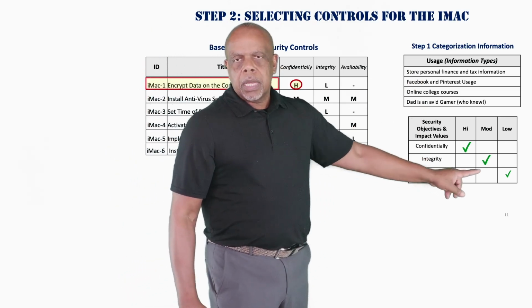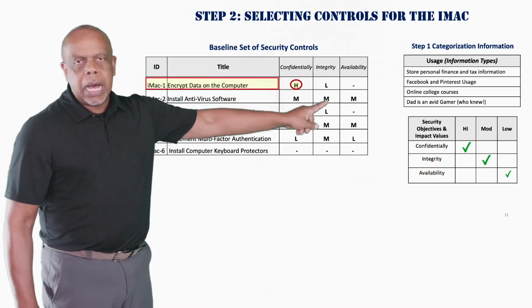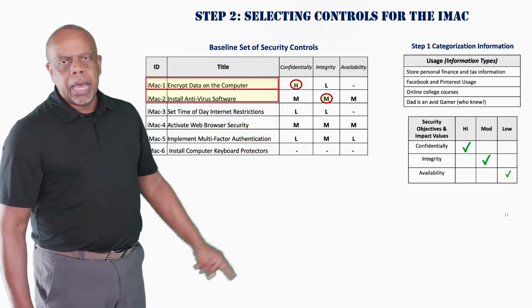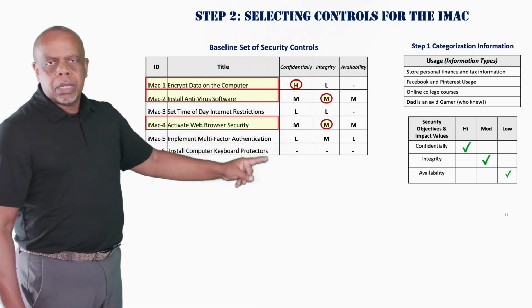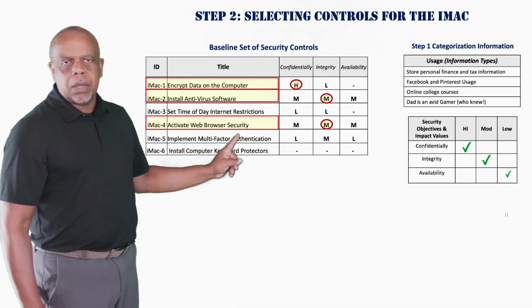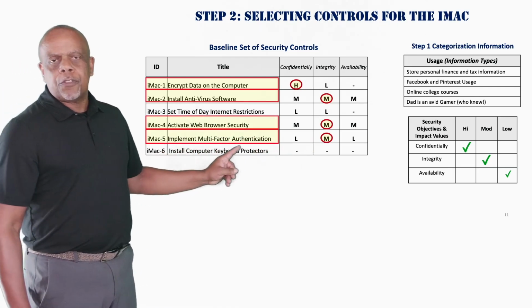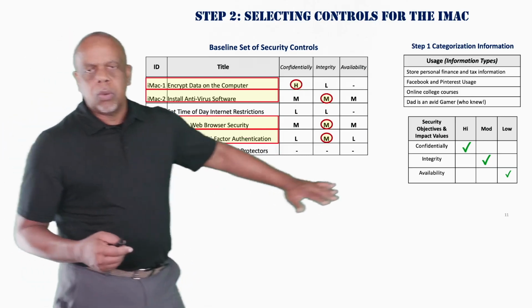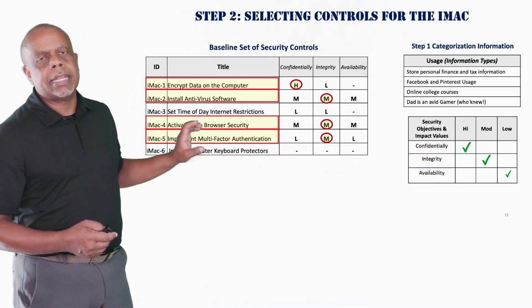Integrity is moderate, so I look at my integrity column. Anywhere that I see moderate, I need to select that control, such as install antivirus software, activate web browser security, and implement multi-factor authentication. So you see, it is telling me, based on what I categorized, what controls I need to select and implement.